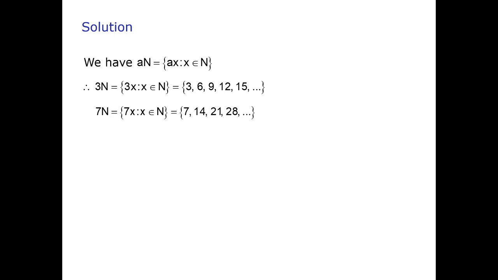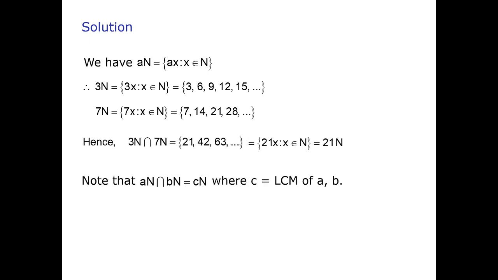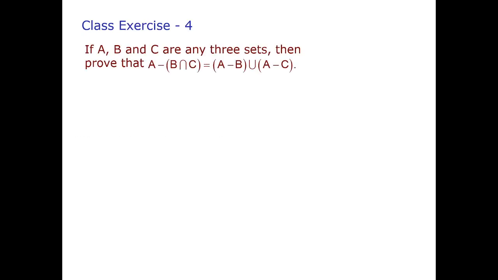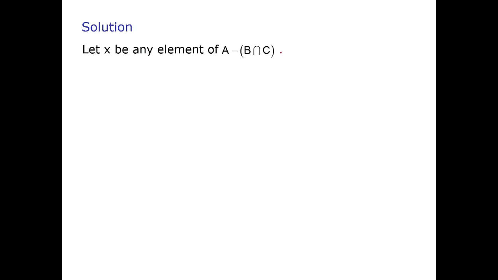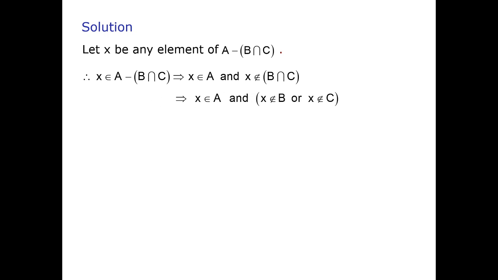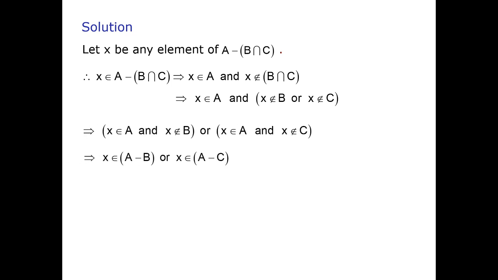3n and 7n mean multiples of 3 and 7, and you have to find their intersection. Now A minus B intersection C is A minus B union A minus C. This is a proving technique. Now see, we will show the left hand side is a subset of the right hand side and vice versa.